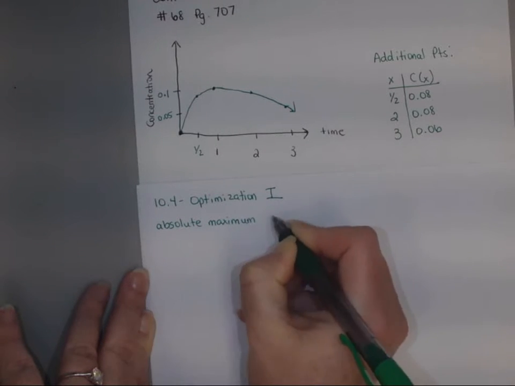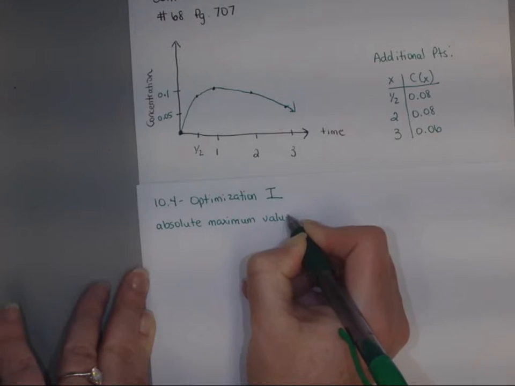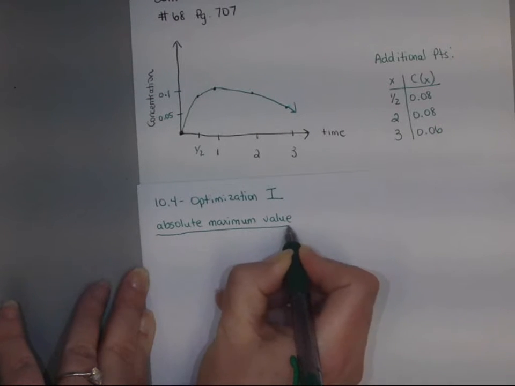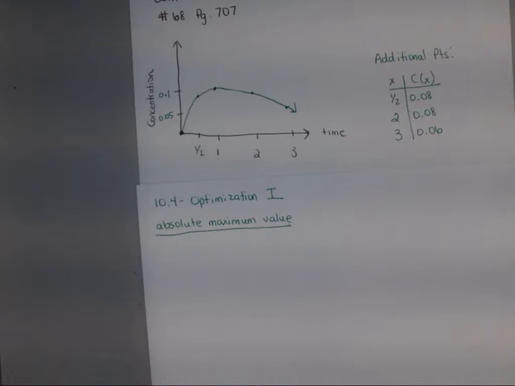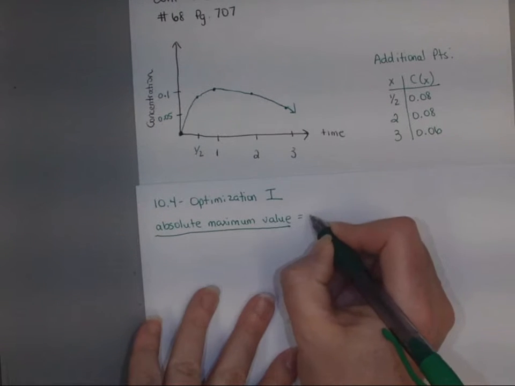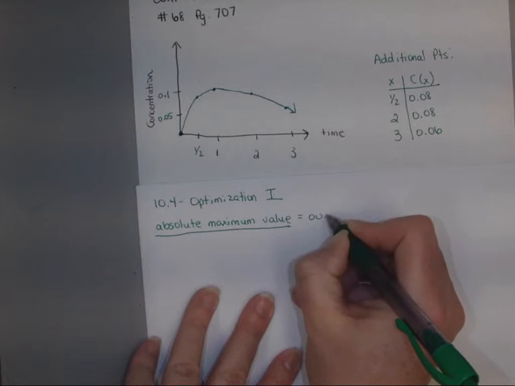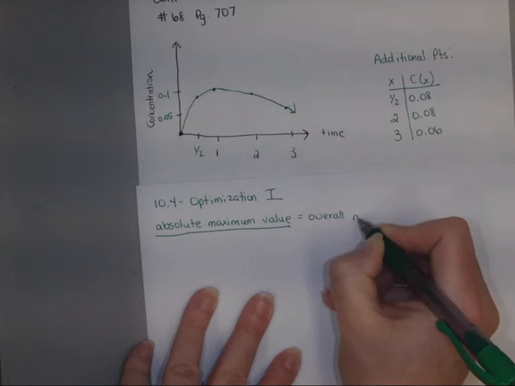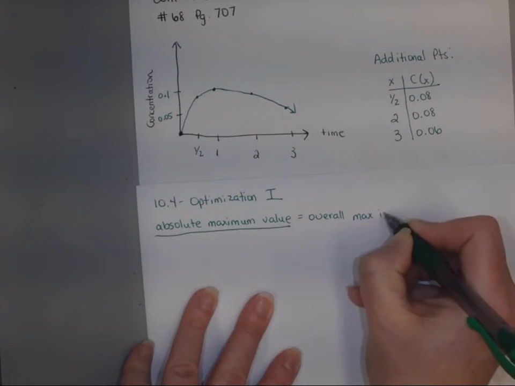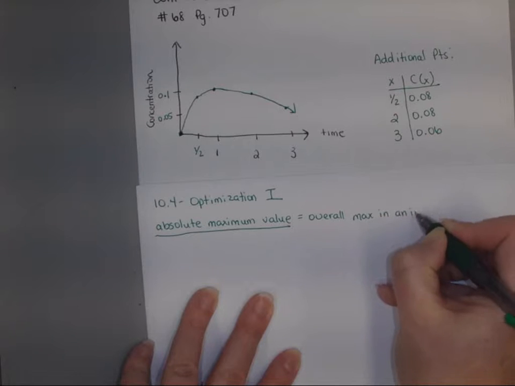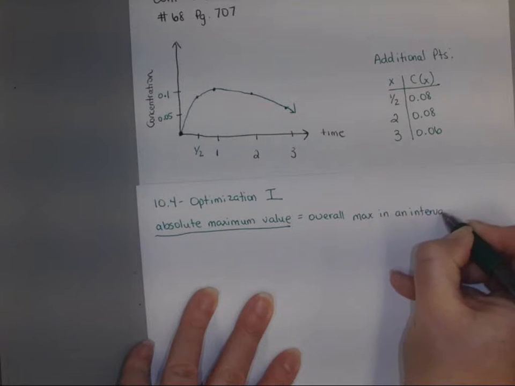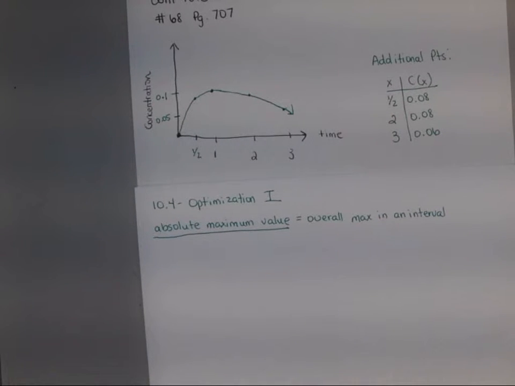Because I don't know if you remember, but we can have multiple relative maxes, okay, of varying heights, but the absolute maximum value, I think is pretty obvious, but it would be the overall max in an interval. So it's still often in an interval, it's not necessarily over the whole graph.